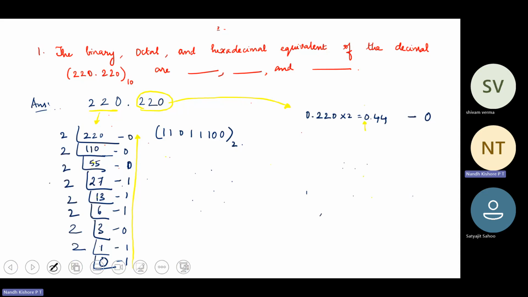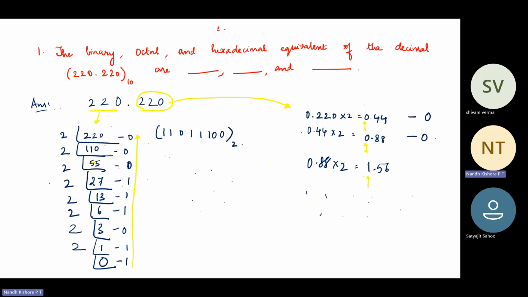Now 0.44 times 2 is equal to 0.88. Again, the units place is 0, so you get a 0 over here. Now 0.88 times 2 is going to be 1.76, beg your pardon, 1.76.